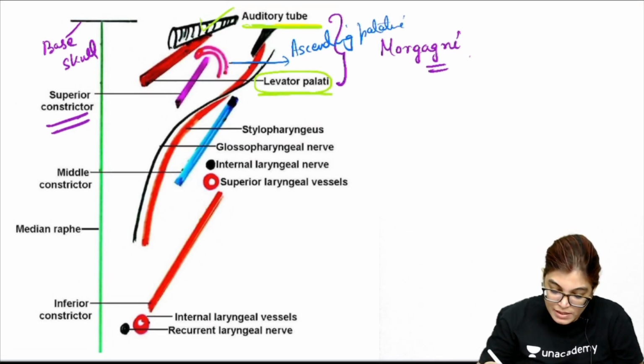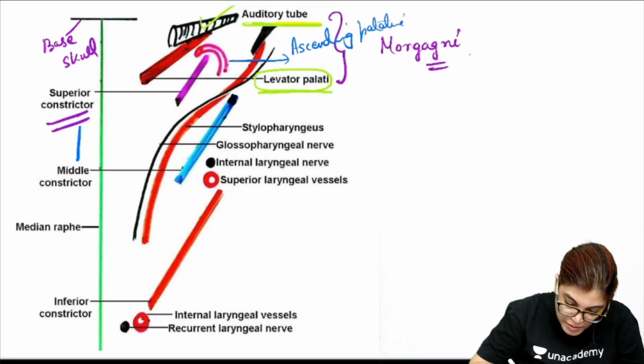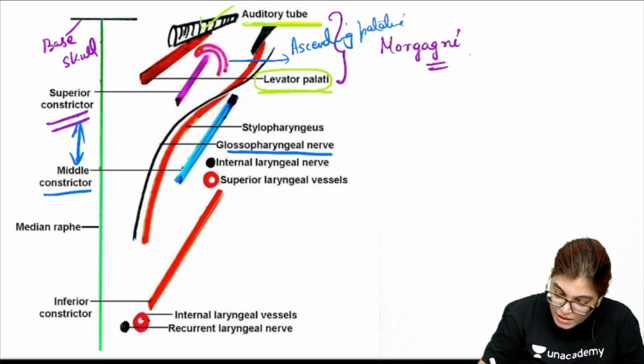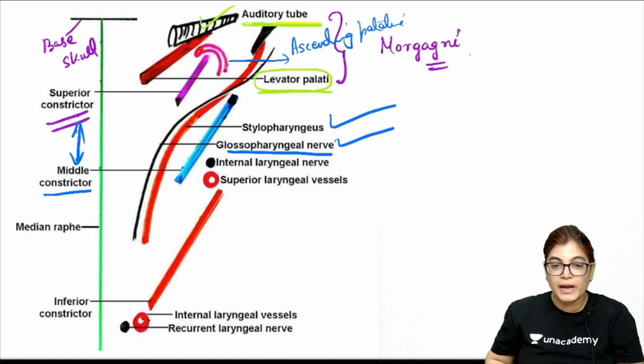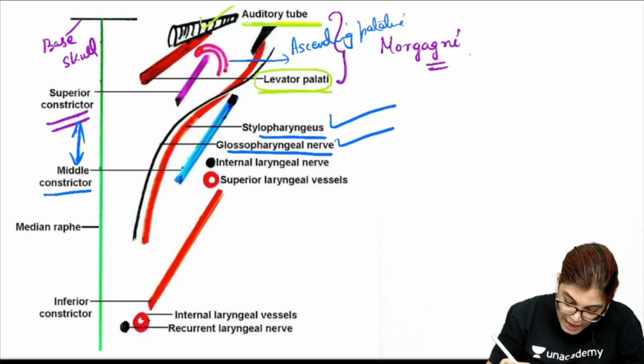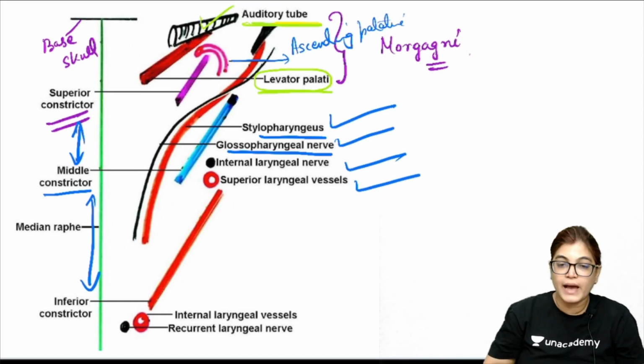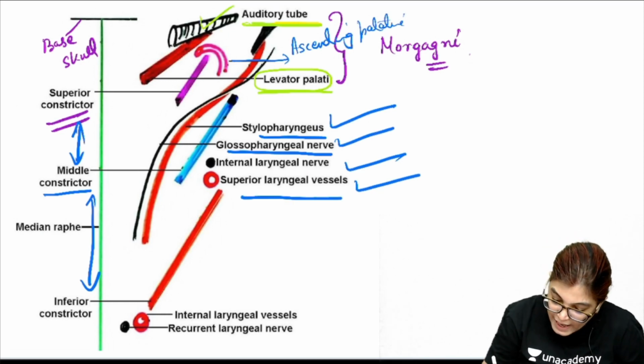Now moving to the second gap, between the superior and middle constrictor muscles. It contains one nerve, the glossopharyngeal, and the muscle supplied by that nerve, the stylopharyngeus muscle: two structures. Now the gap between the middle and inferior constrictor has one nerve and one vessel, the internal laryngeal nerve and superior laryngeal vessels.